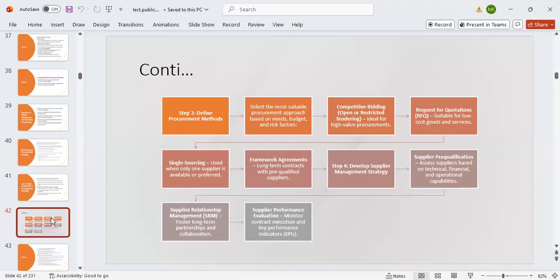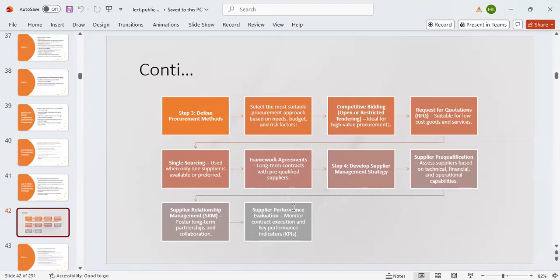Okay, so sorry. So the next step is to develop a supplier management strategy. How do you do it? This is where you assess the suppliers based on their technical, financial, and operational capabilities.